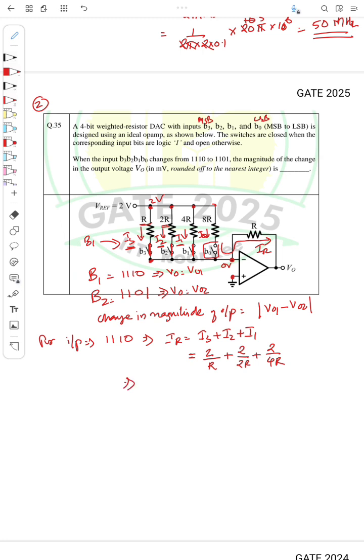Which implies what is V0 now? Since current IR is flowing like this, voltage will be dropped like this, plus minus.